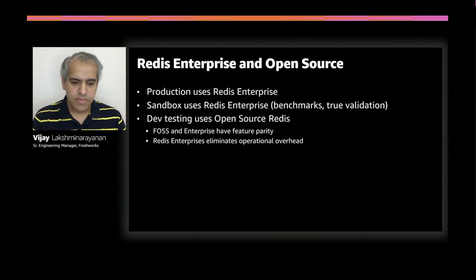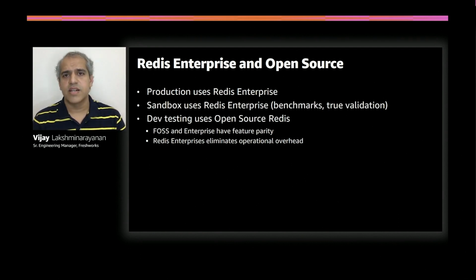The question in open source is not, in modern days, so much open source versus the commercial version, but rather how do you use both. So for us, our production environment uses Redis Enterprise, our sandbox uses Redis Enterprise, and our staging also uses Redis Enterprise. That's necessary because when we are doing benchmarking, we need true validation.